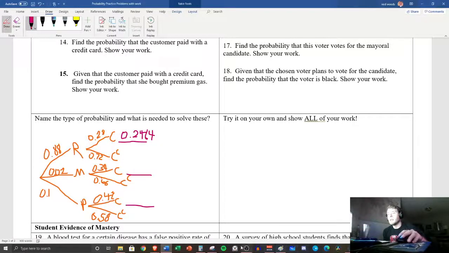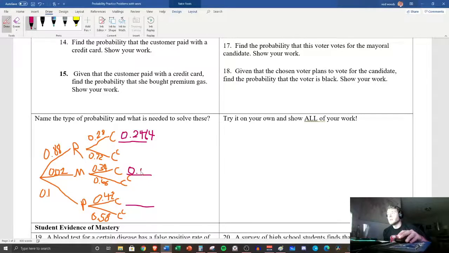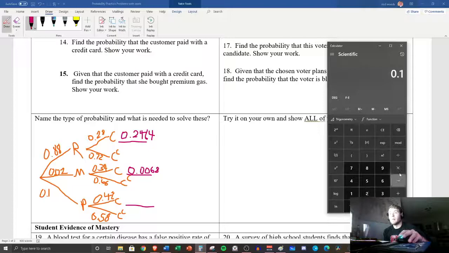Now I'm going to do the next one. 2% times 4%, 0.008. Then the last one is going to be 0.1 times 0.42.